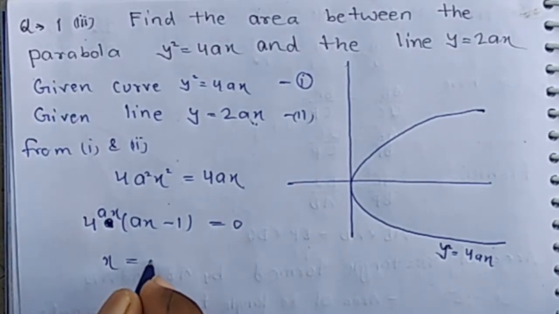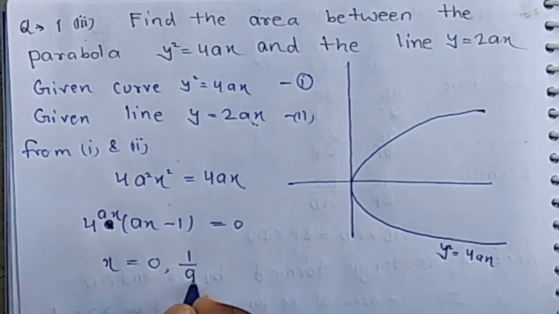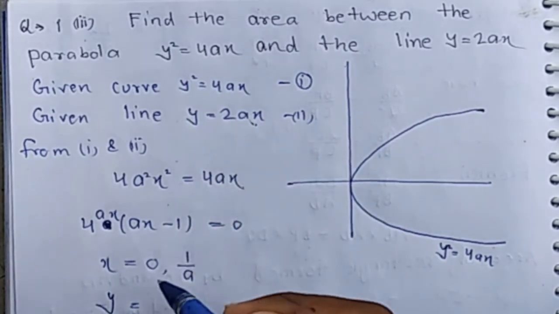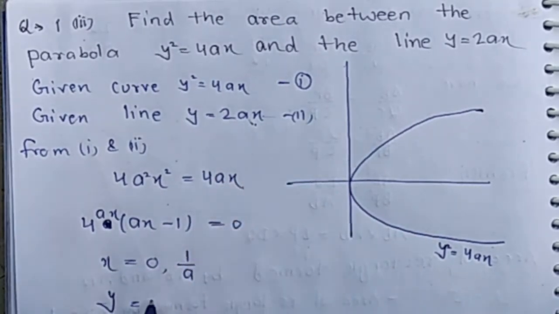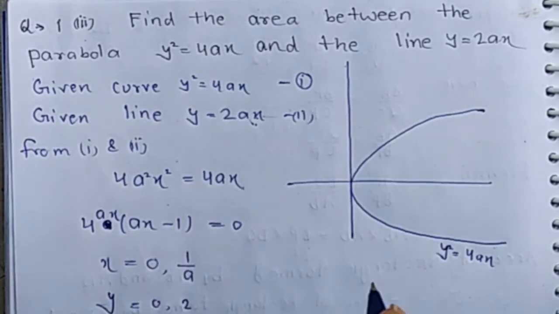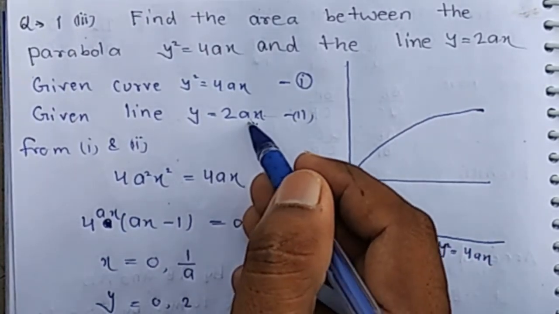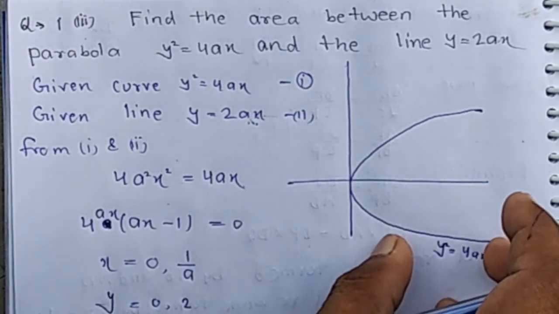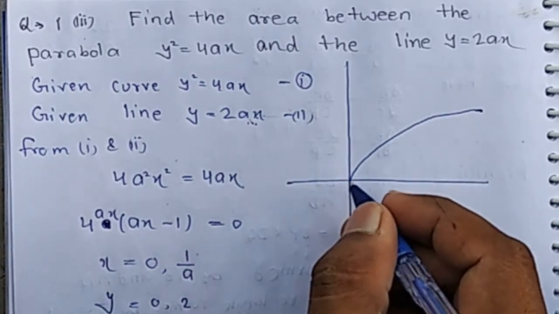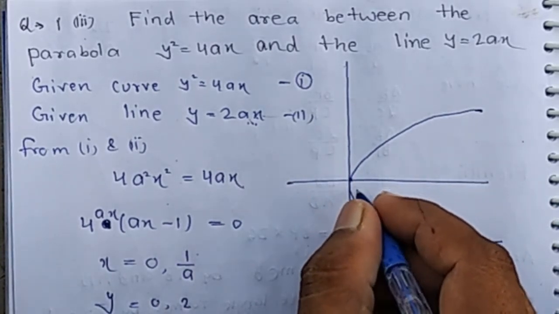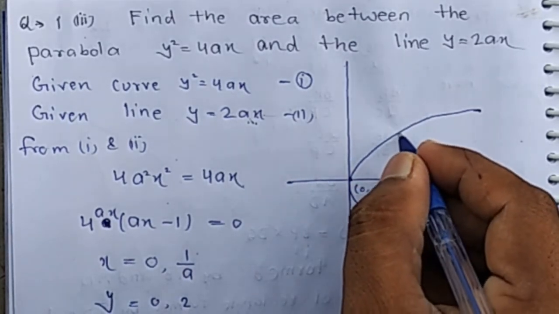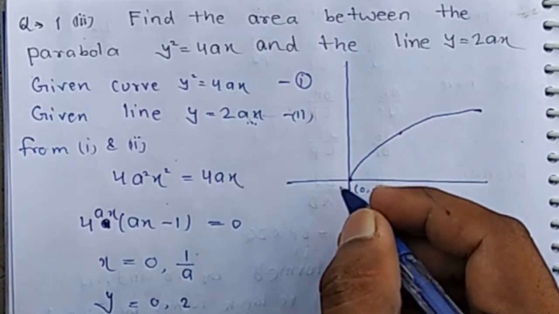Then we have the value of x as 0 and 1 by a, and putting the values of x in the second equation, we have y as 0 and 2. It means the line y equal 2ax cuts the parabola y square equal 4ax at points (0, 0) and (1/a, 2). It means it passes through (0, 0) and (1/a, 2).